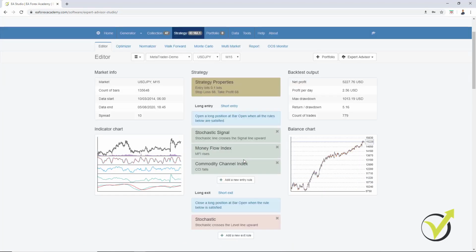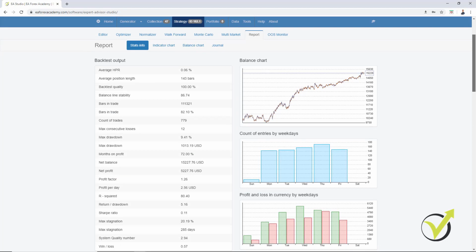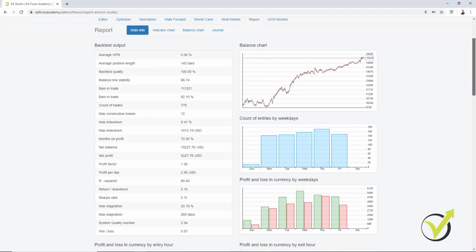So this is the stochastic trading strategy, which combines the money flow index and the CCI. The statistics are very promising because we see a maximum drawdown of 9.41%, which is great.